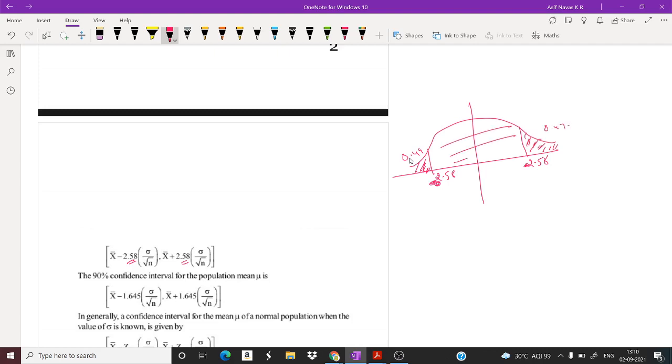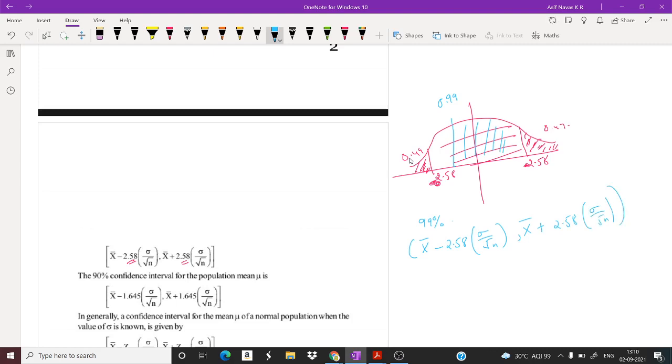So this interval is 0.99. So the 99% confidence interval is x bar minus 2.58 sigma by root n and x bar plus 2.58 sigma by root n.